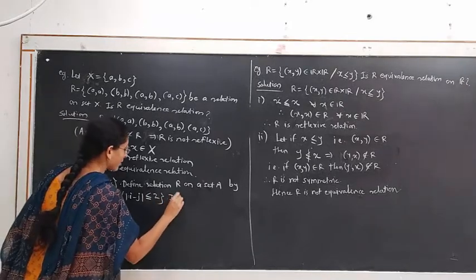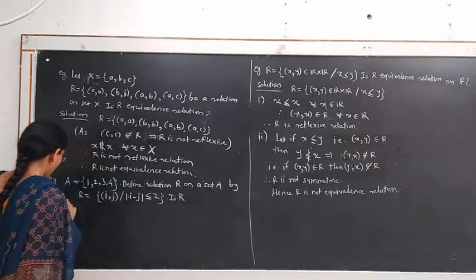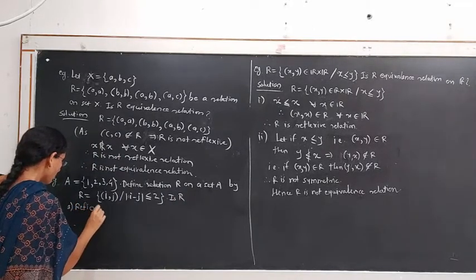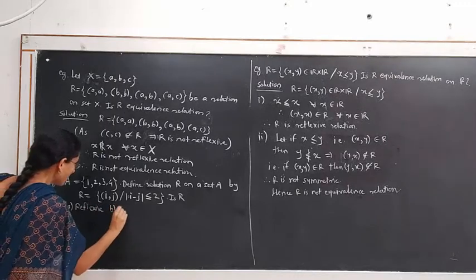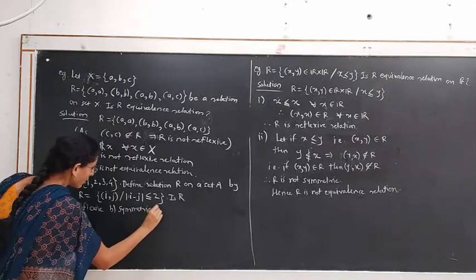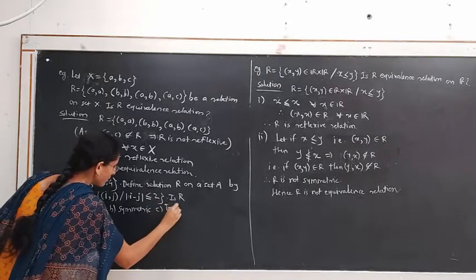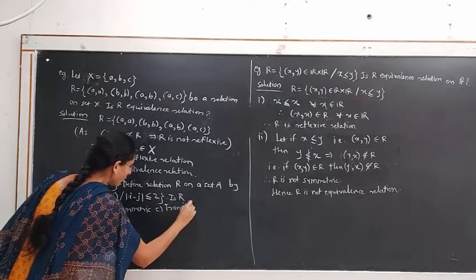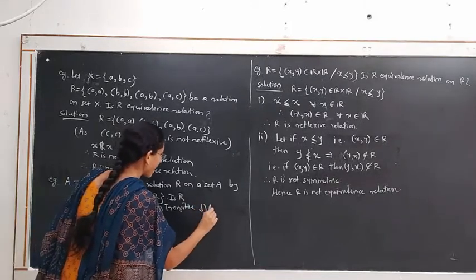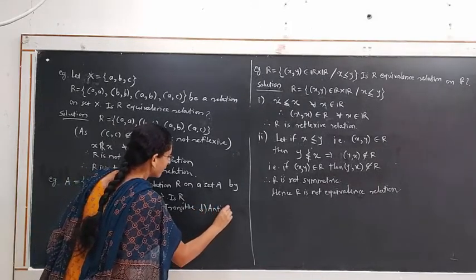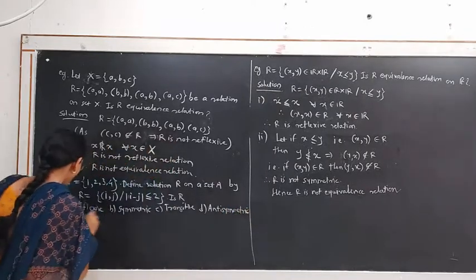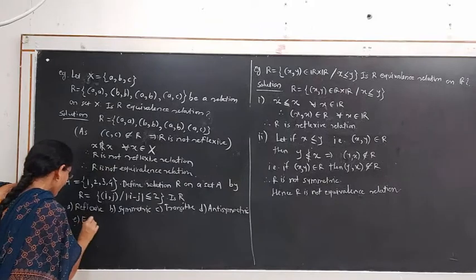Is R first reflexive, second symmetric, third transitive, next antisymmetric, and equivalence?